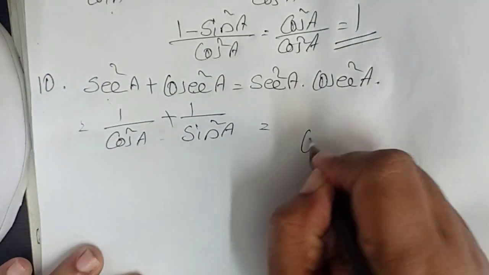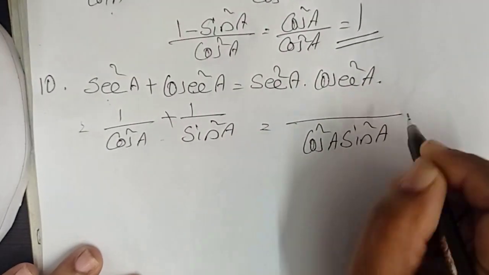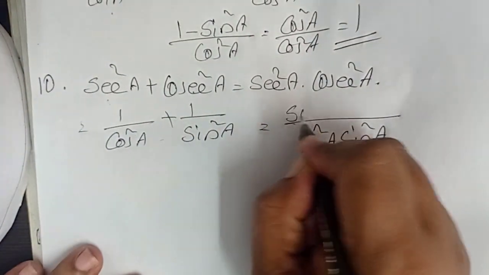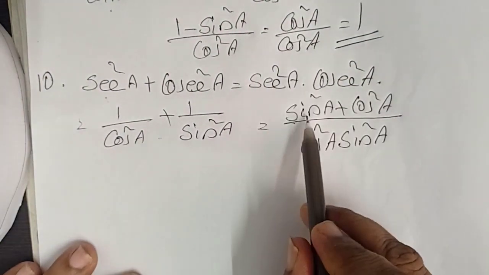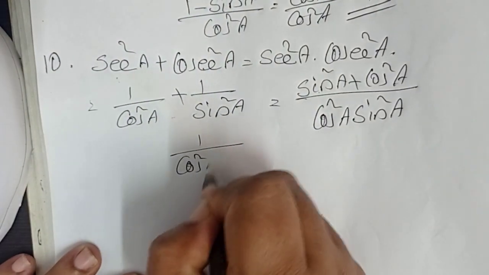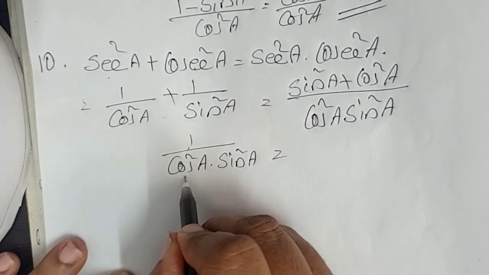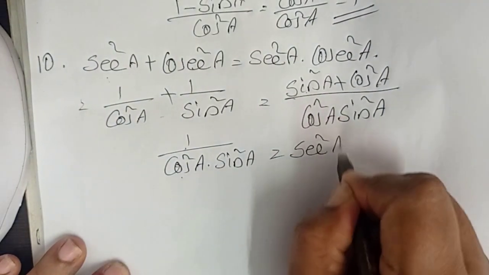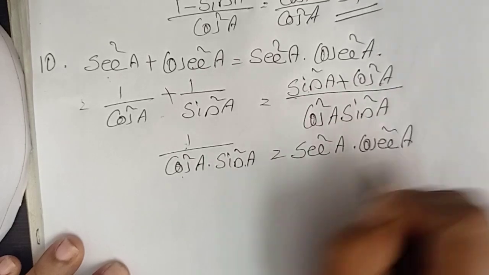Yes, take the LCM. Cos square A into sin square A. If the product is the LCM, means cross multiply. Sin square A plus cos square A. Can you say what is sin square A plus cos square A? 1. 1 by cos square A into sin square A. What is 1 by cos square A? Yes, sec square A into 1 by sin square A, cosec square A.